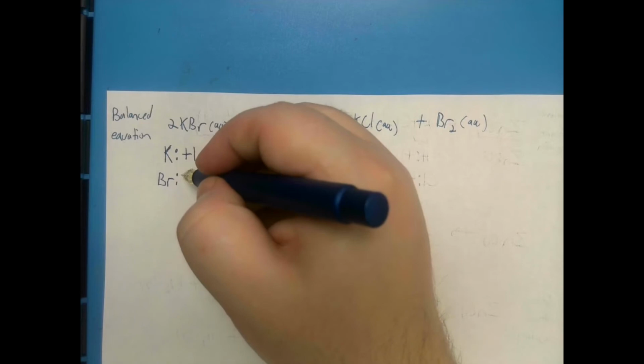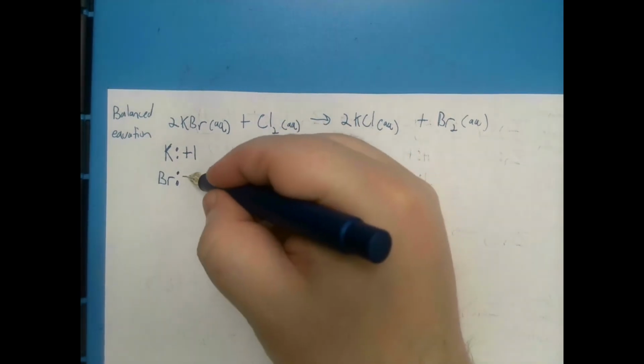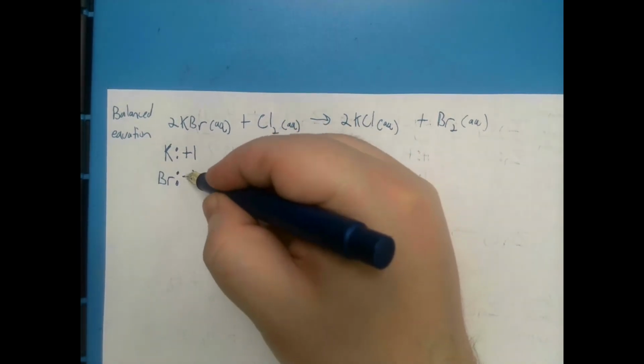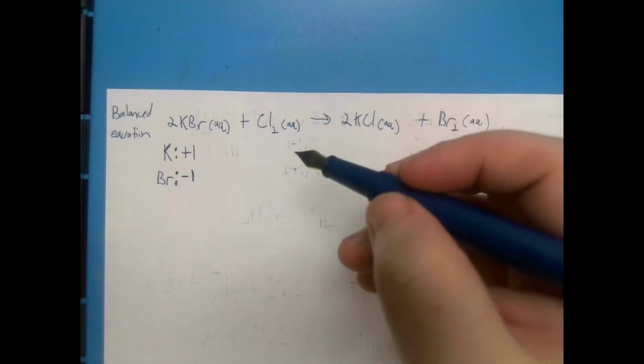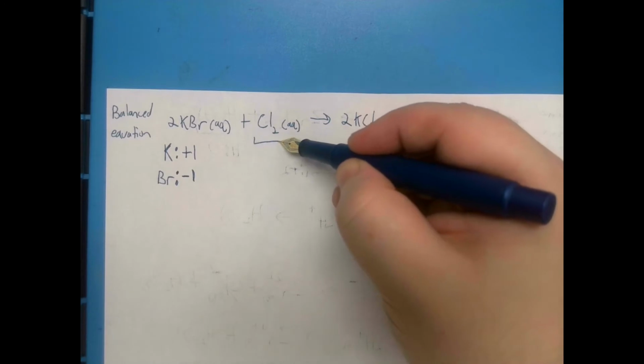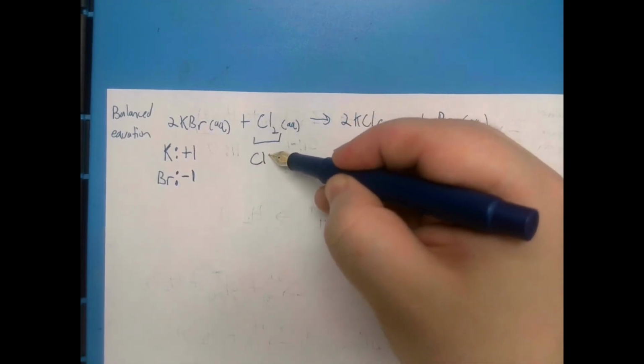What is the charge on bromine when it becomes an ion? Yes. So its oxidation number is -1. Chlorine is by itself, so 0.